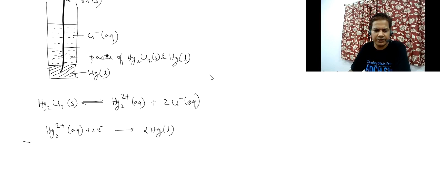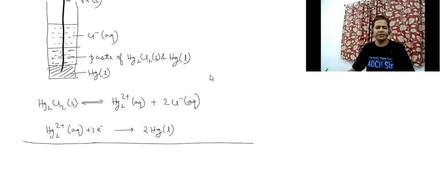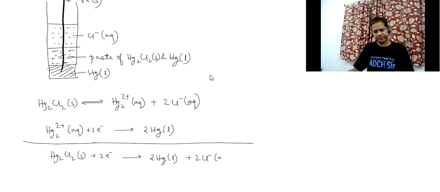The overall electrode reaction for this metal-metal insoluble salt electrode can be written as Hg2Cl2 solid plus 2 electrons giving 2 Hg liquid plus 2 Cl minus aqueous. It's important to note that mercurous ions exist as Hg2 2 plus and not simply as Hg plus. It contains a metal-metal covalent bond between 2 Hg plus.